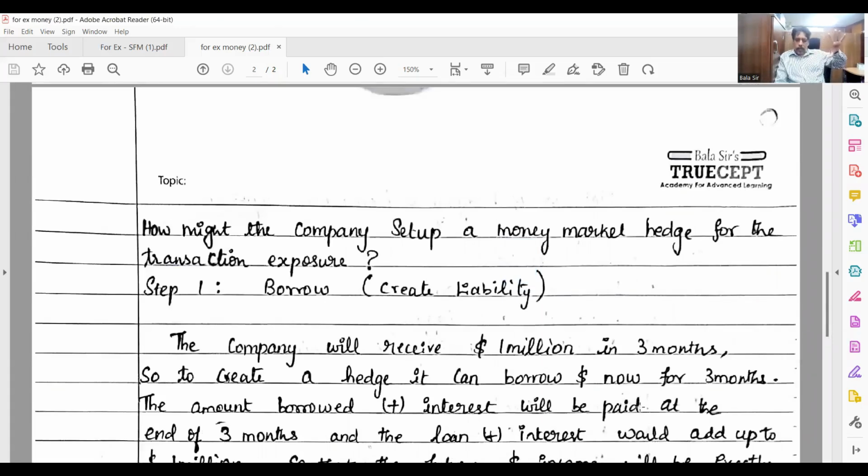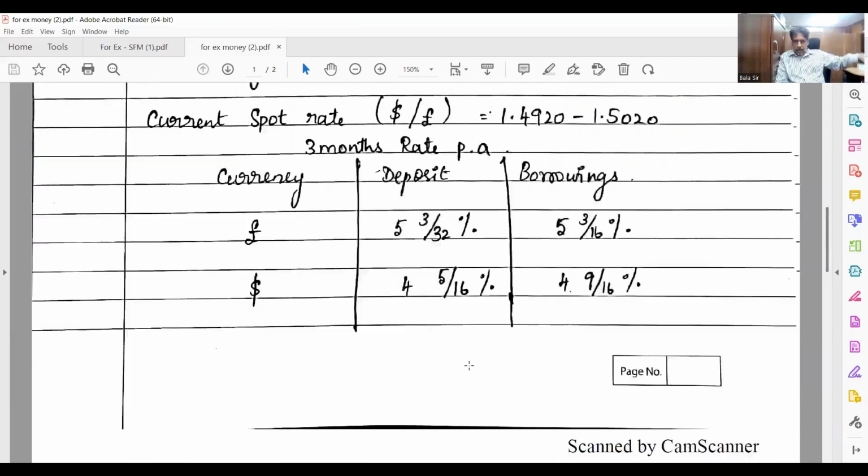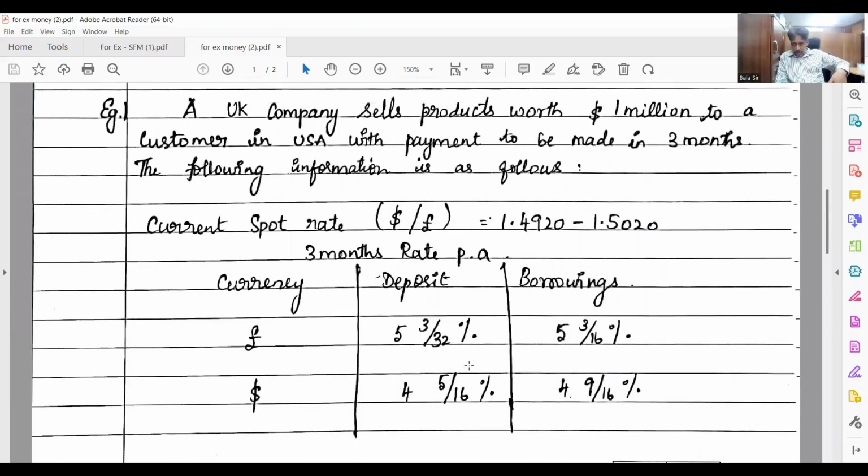So now tell me, in this transaction, whether your company has a payable or receivable. In this case, a UK company is going to sell products worth US dollar 1 million. Therefore, it's a receivable. You are supposed to receive money from the US customer.